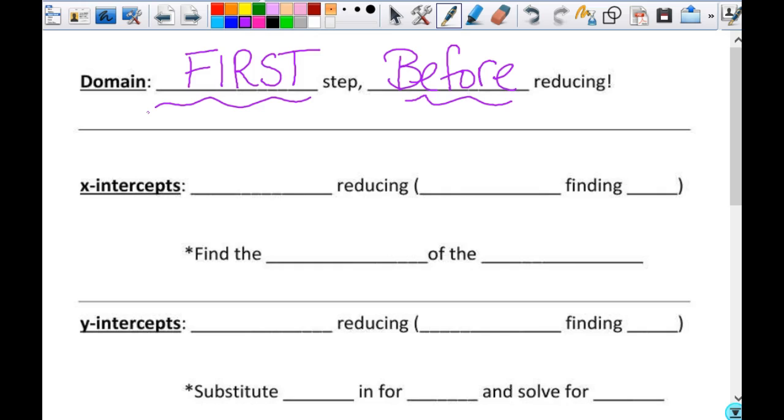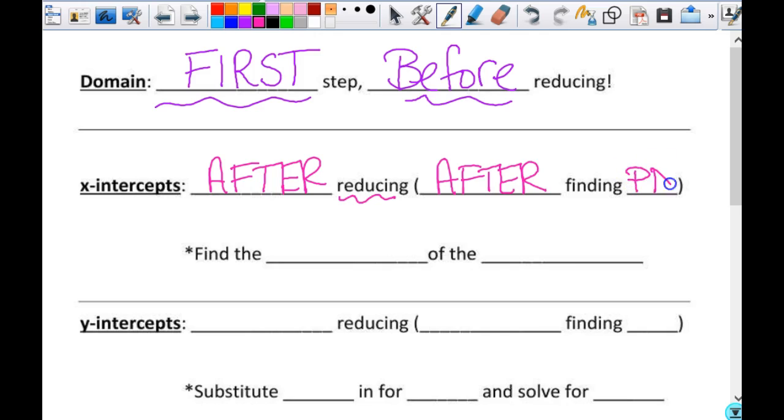Okay? X-intercepts. They come after reducing. When you reduce, what are you finding? What do you find when you have that? Point discontinuity. Right.